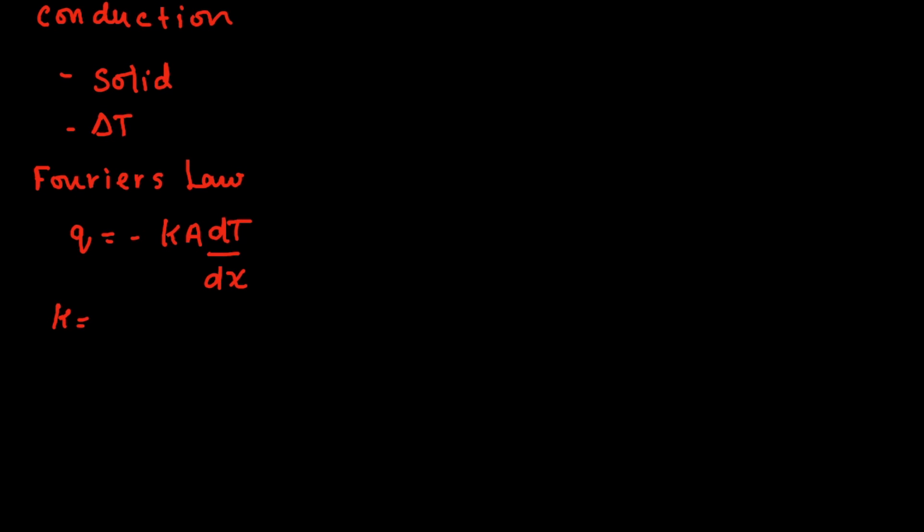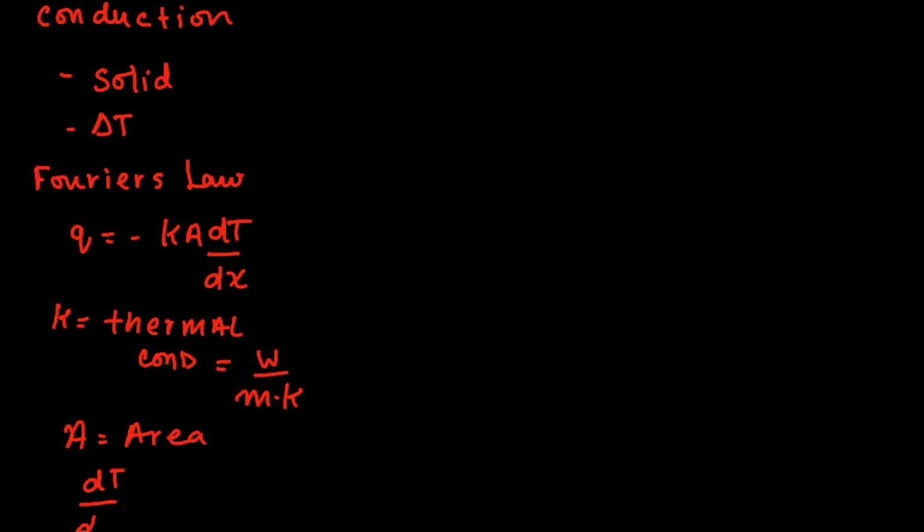We know that K is our thermal conductivity with a unit of watts per meter K. A is area, dT over dx is change in T over change in x. And for all of these, remember that Q is given in watts, right?